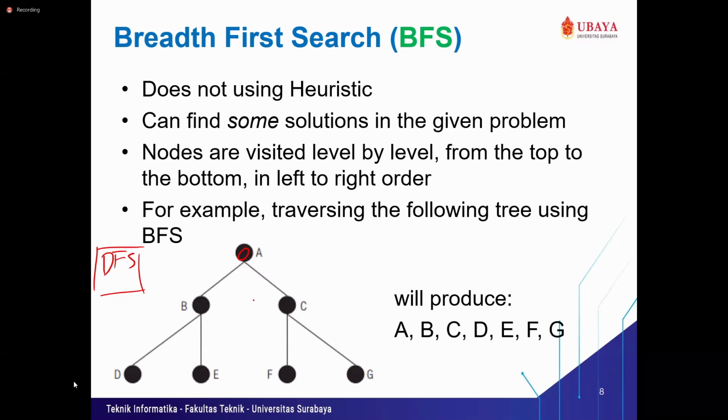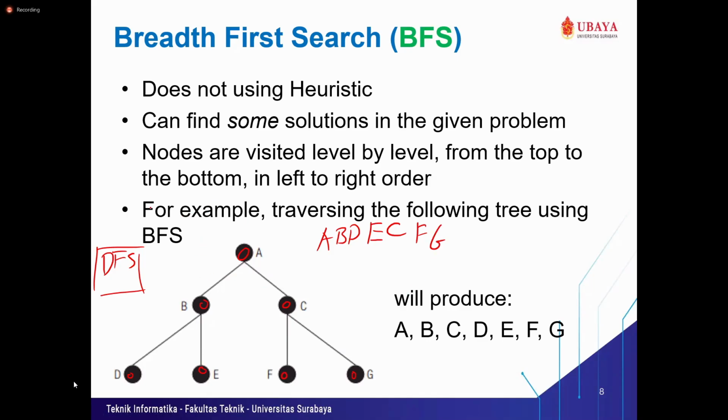Which will you traverse to first? B. B, and then? D. And then? E. A, B, D, E, and then? C. F. G. Yep, that's great. That's if you use DFS.